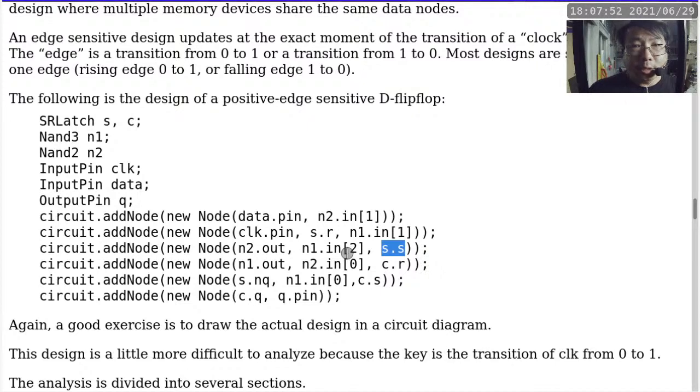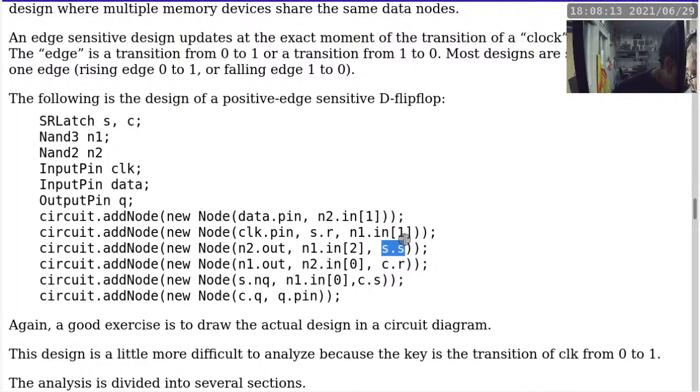Going back up again. S.R is connected to the clock pin directly. There we go. And it's also connected to the second input pin of N1.